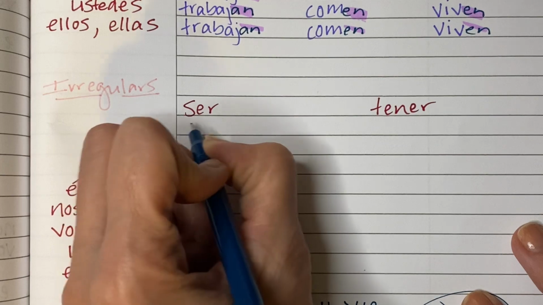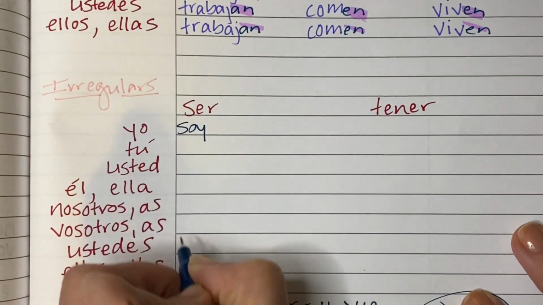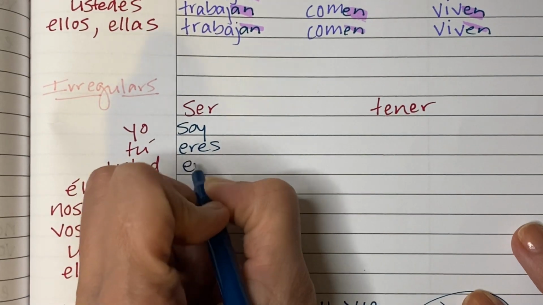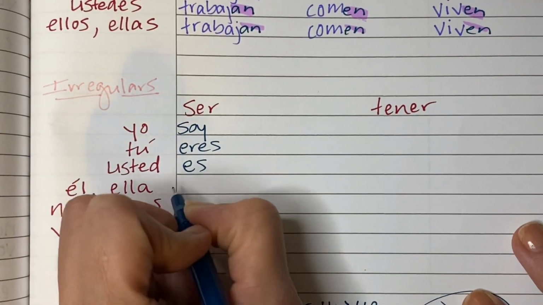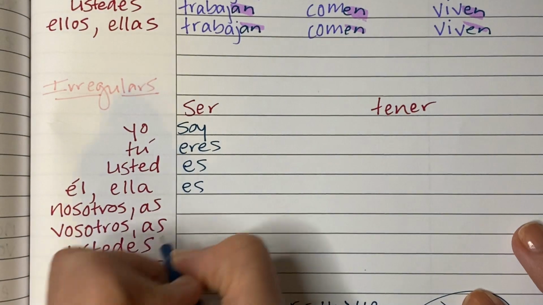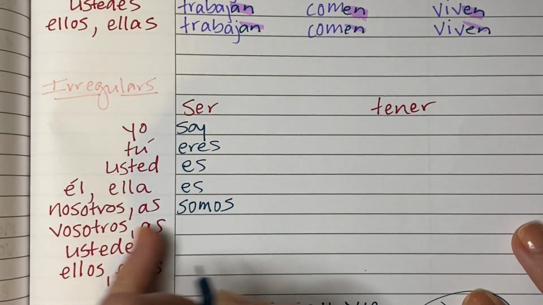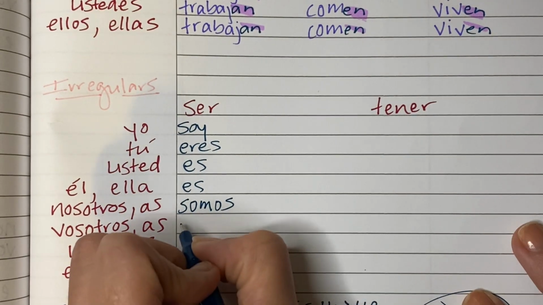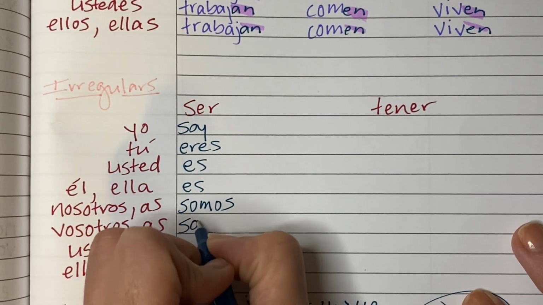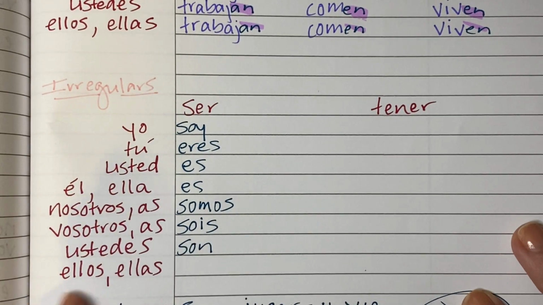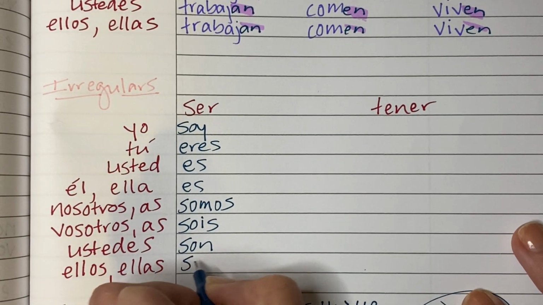I am, yo soy. You are, tú eres, or more formally, usted es. He or she is, él o ella es. We are, nosotros somos. You guys are in the vosotros form in Spain, vosotros, vosotras sois. And the ustedes form, son. And then they are, ellos o ellas son.